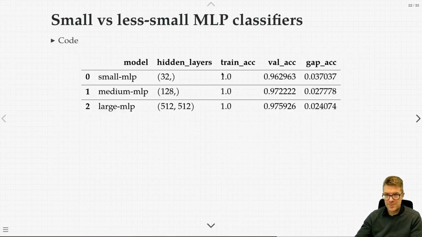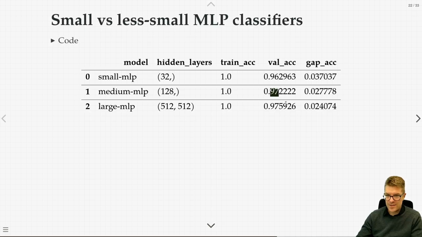And here are the results. We are getting 100% training accuracy on each of these neural networks on the training data. The validation accuracy starts at 96 point. It doesn't fluctuate. It increases. The small neural network has 96.3% validation accuracy.